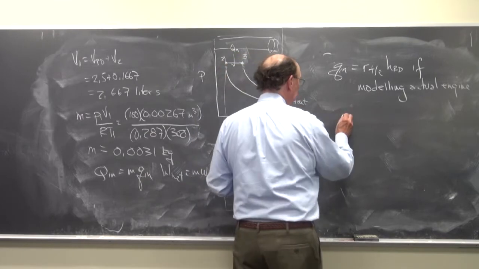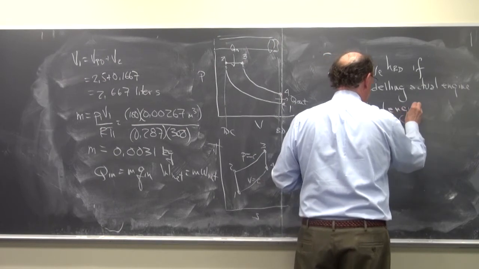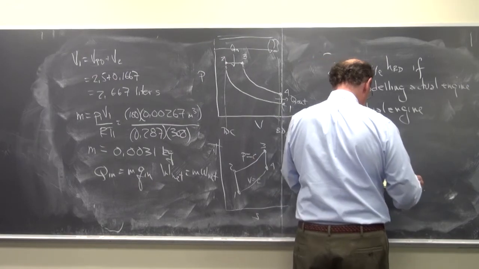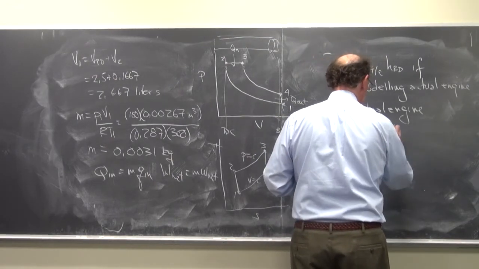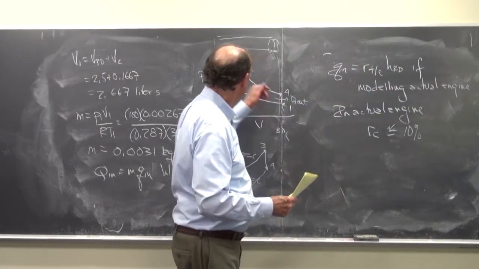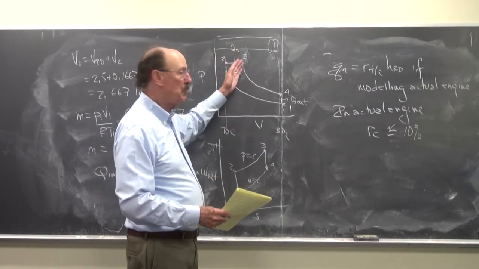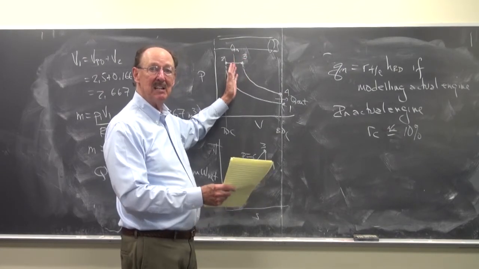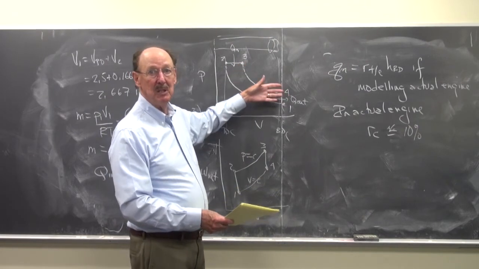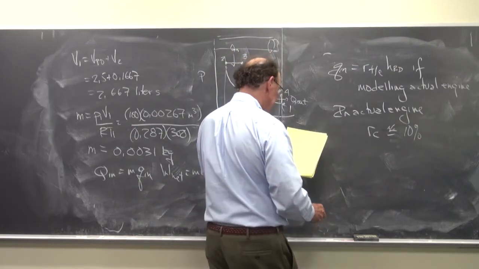And in actual engines, R sub C is less than or equal to 10%. This is where the fuel is going in. And if I have the injection process go longer, I'm going to have unburned fuel because there isn't enough time for the combustion to occur to burn all the fuel. So then I'll have sooty particles coming up. So it's limited to 10% of the stroke or less.